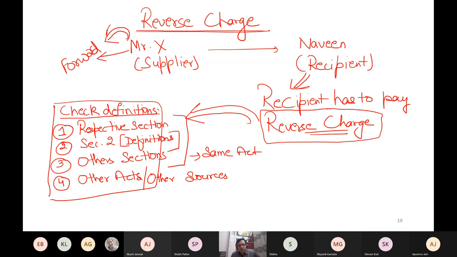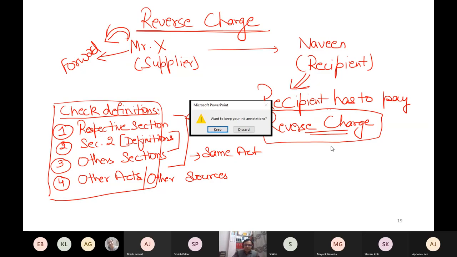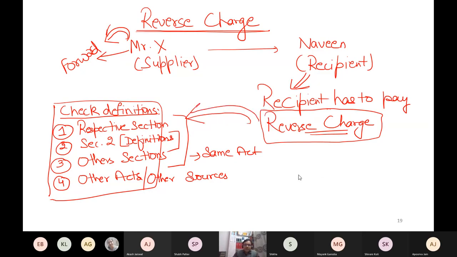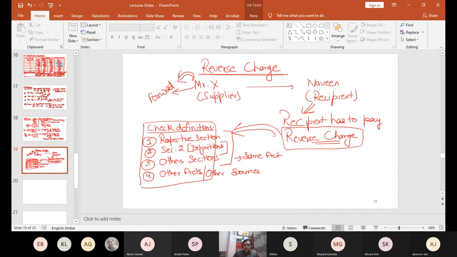So let me share with you section 2. Let me open the act now.